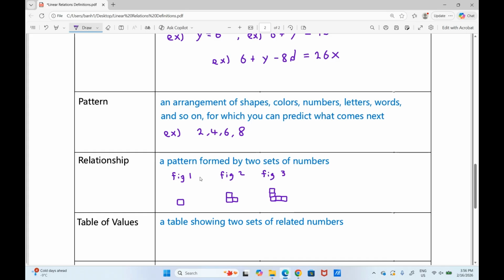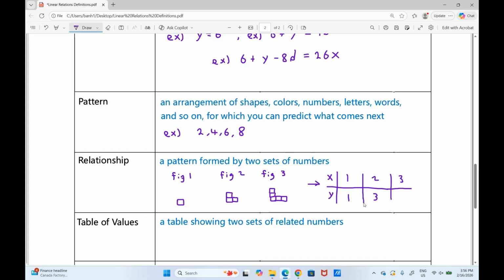Looking at this here, if I turn this into a table, which we're going to talk about afterwards on the bottom here, let that be X, let that be Y to represent it, figure 1, figure 2, and figure 3. Now how many blocks are in figure 1? 1. How many blocks are in figure 2? 3.